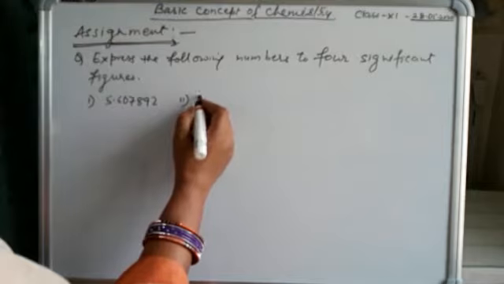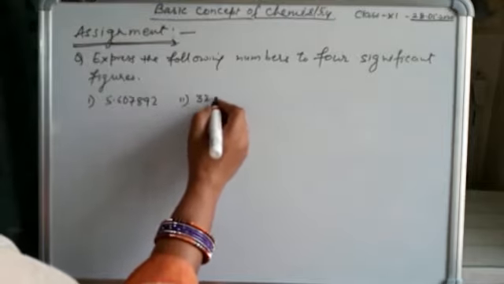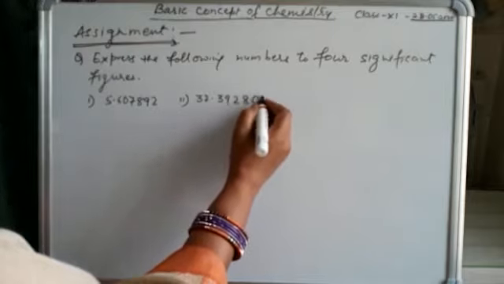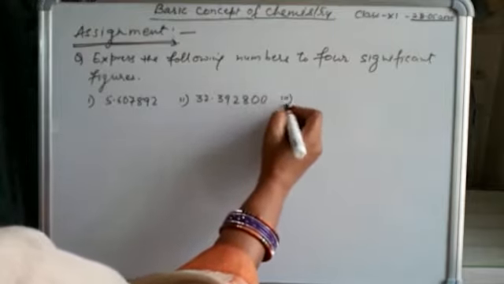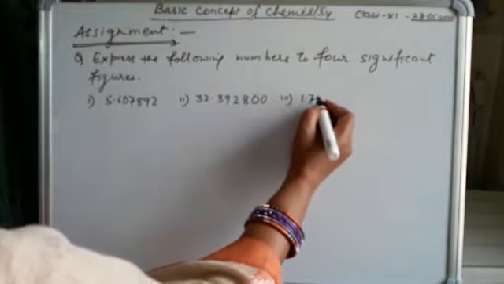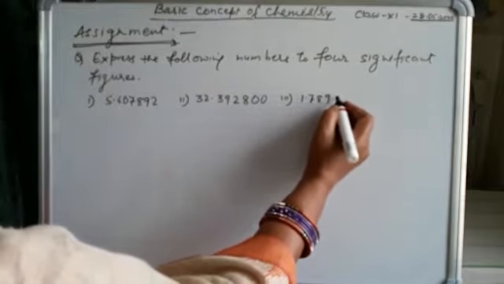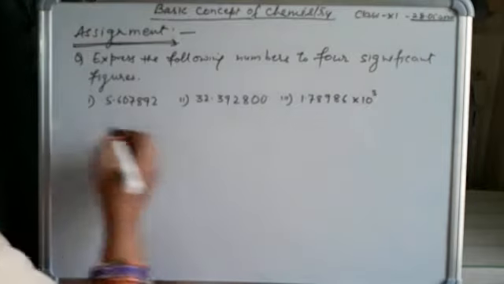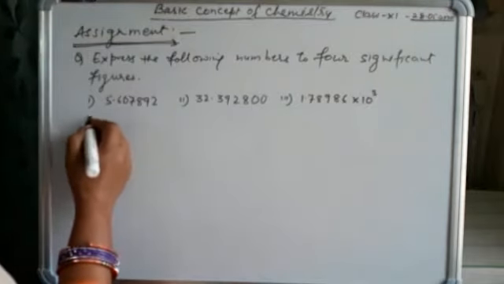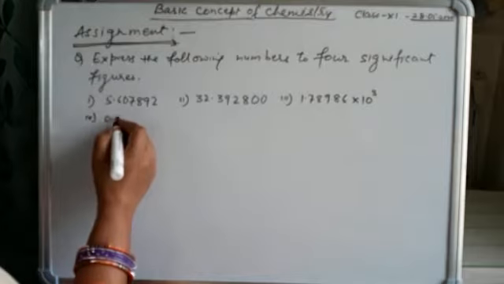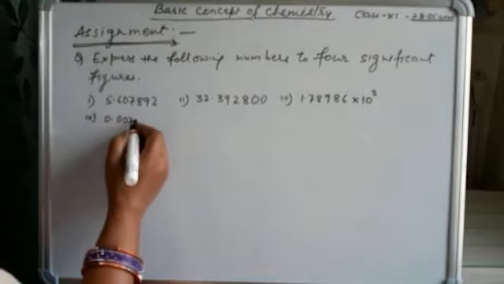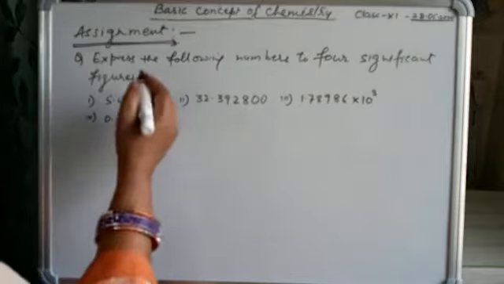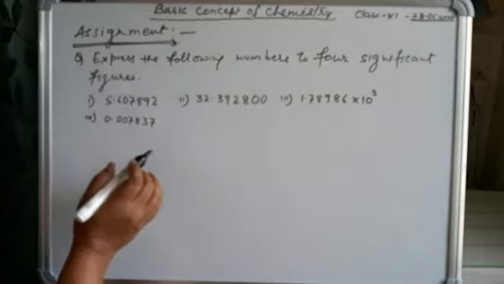Number 2, 32.392800. Number 3, 1.78986 into 10 to the power 3. And the last is number 4, 0.007837. So express these numbers to 4 significant figures.